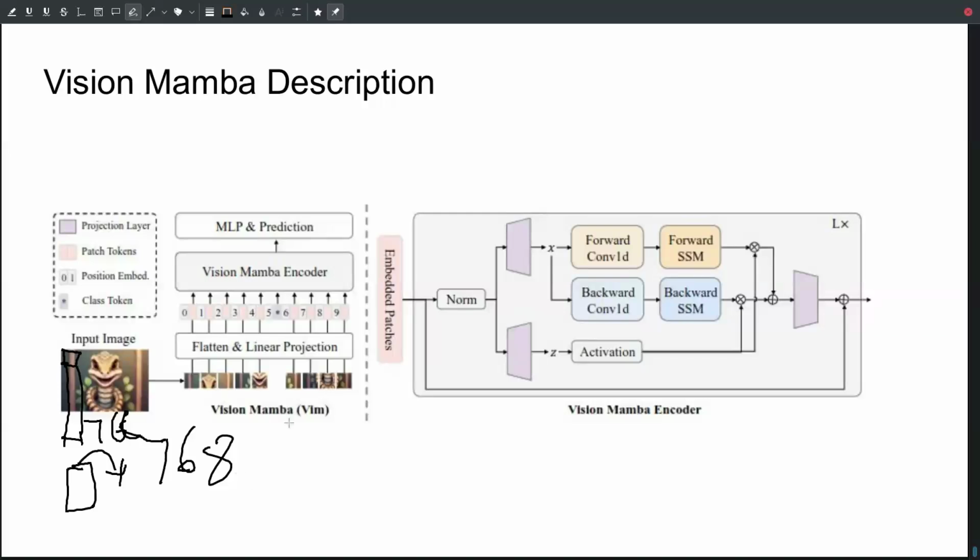That's vision transformers. In Vision Mamba, you do the same thing as in Vision Transformers.